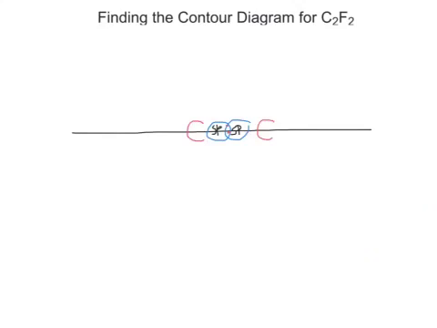Now we need to insert the bonds in between our fluorines and carbons. So we're going to have a bonding pair to the right and a bonding pair to the left. And also we need to write down the part at which our fluorines connect. So put that bond here, this bond here, and these are going to be our sp bonds.